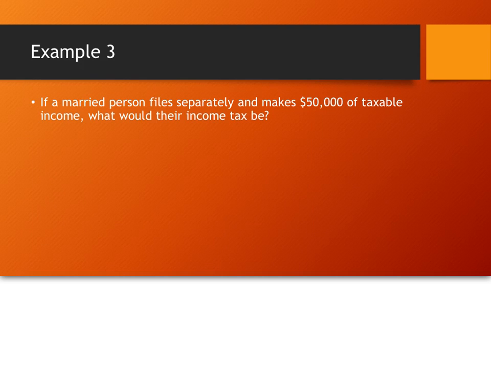So let's see if a married person files separately. So I'm filing as an individual, and I have $50,000 of taxable income. What would my income tax be? So here you have to go look on, again, the married filing separately.